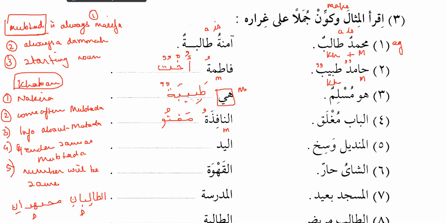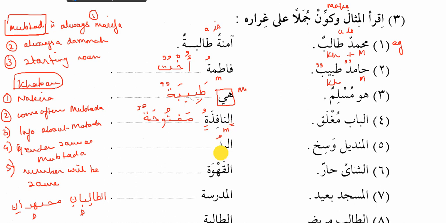The khabar will follow in gender. So nafizatu is feminine, so here it will be maftuhatun. This will also be same in gender, and this will be in nakira, whereas mubtada is marifa. Khabar will be nakira.